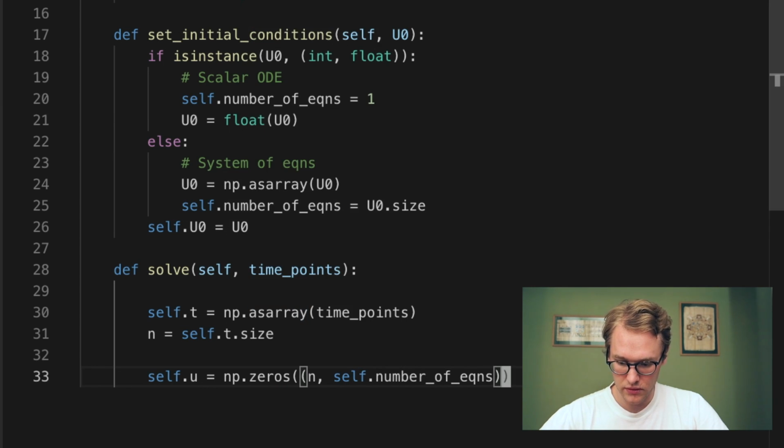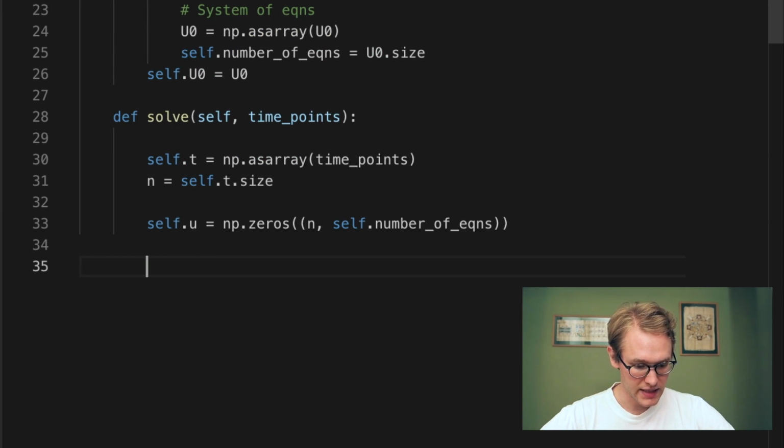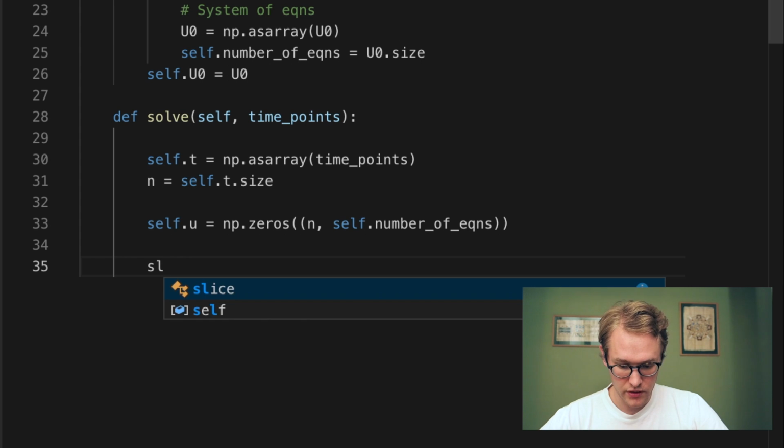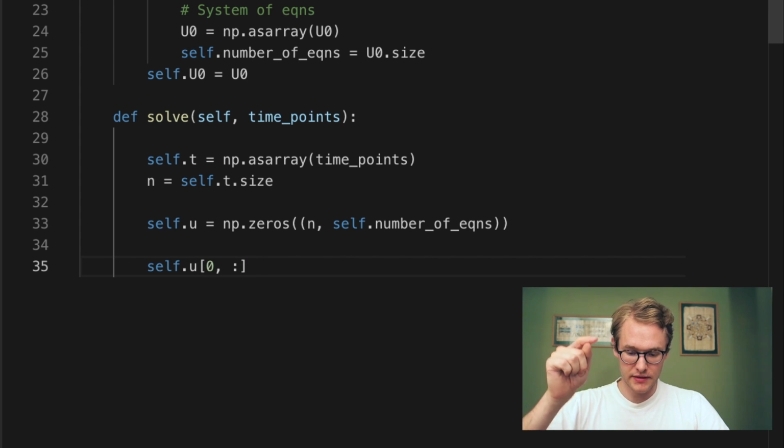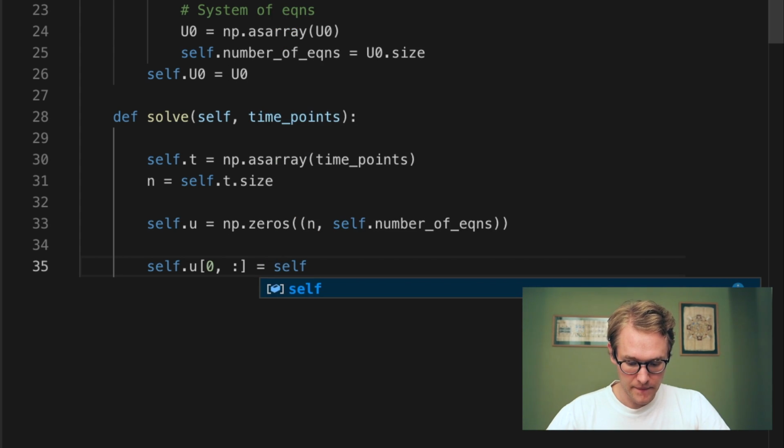So there we have everything we need. And now we assume that the starting point, t0, corresponds to the initial condition. So the first point here, the entire width of it, with the first time point of our U array, the solution array, will be U0.